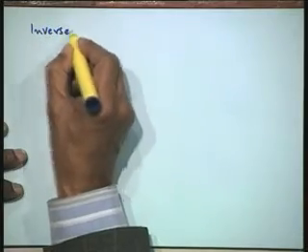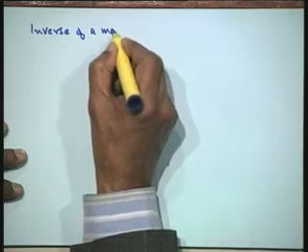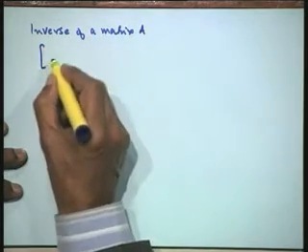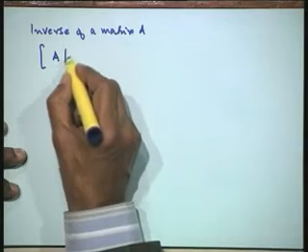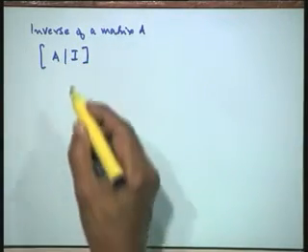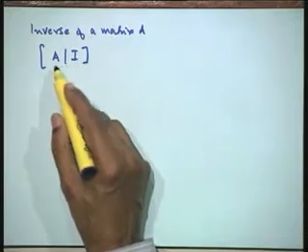The simple thing that we do here is, I start with the augmented matrix A and I. I take the matrix A augmented with the identity matrix of the same order.